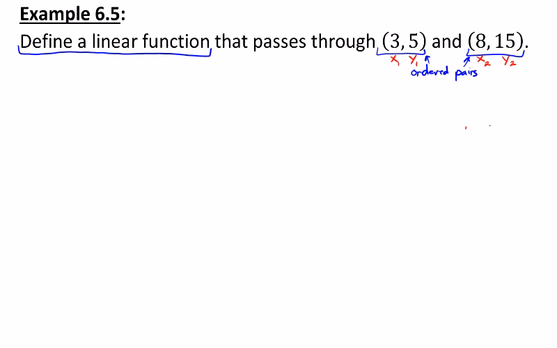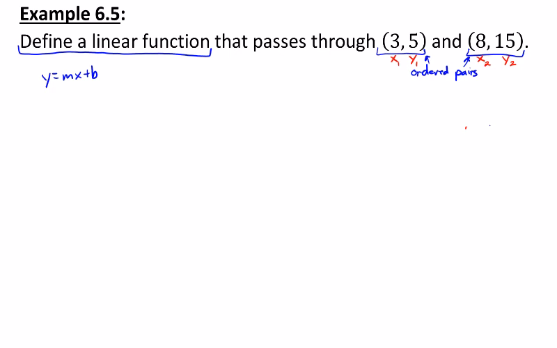For the definition of the linear function, I need to focus really on the equation. I already know that the domain will be all real numbers, but I need to figure out the equation y equals mx plus b. So I really need to know what m is and what b is.